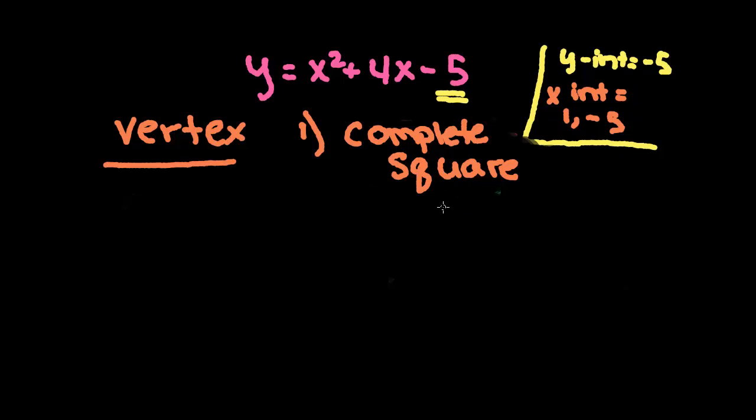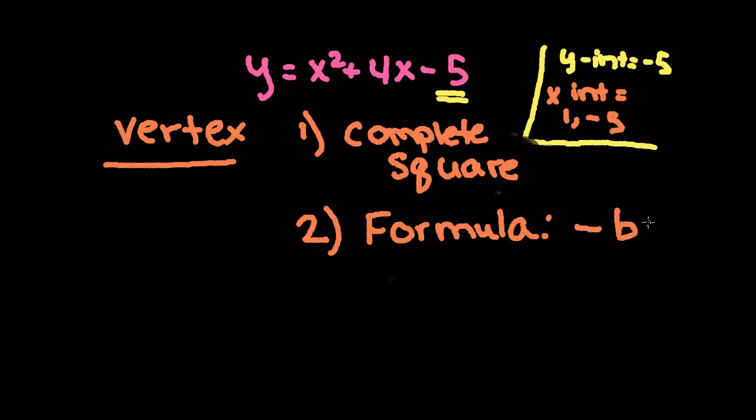If it's not required now, you might as well go ahead and take the time to learn it. The other way is to use a formula, but then you have to remember that for the test. The formula is negative b over 2a is equal to x. So those are your two choices for finding the vertex.